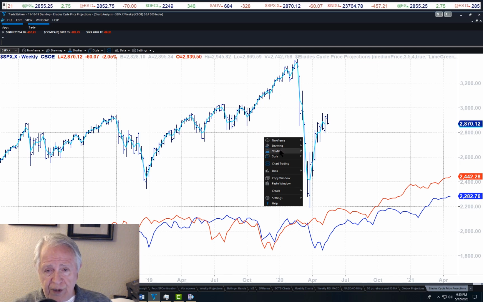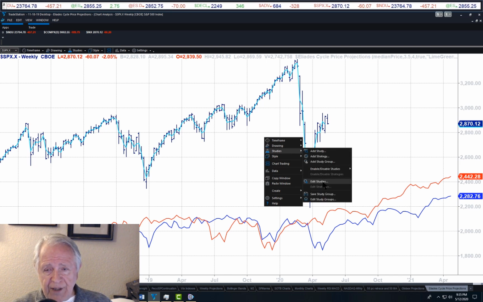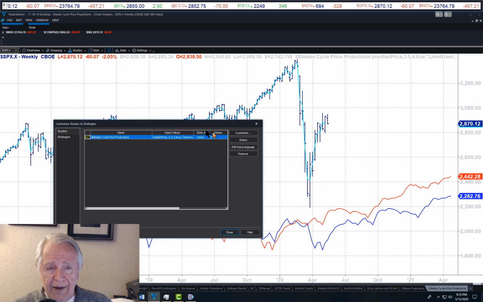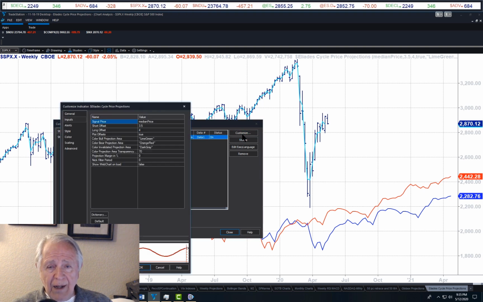You would go to Studies, Edit Studies, and then this is the Eliades cycle price projections. You would customize that, and these are the parameters. So this signal price would apply basically only to daily charts.